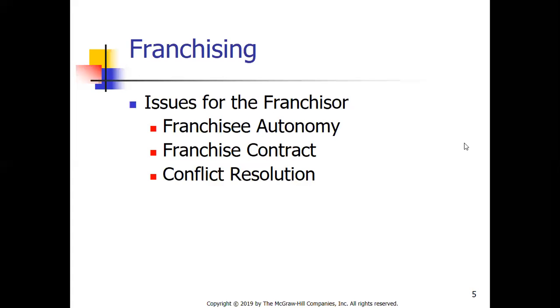But again, franchising is a good business. If you have an amount of money you want to invest, maybe you can think of opening up a franchise business, because everything is well taken care of in terms of the quality of the service delivery, the quality of the product and so on.